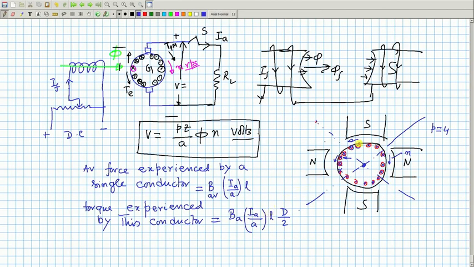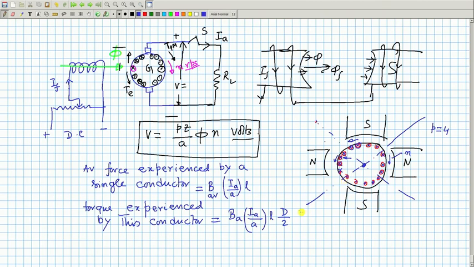This into d by 2. What about this one? Same B average, same I_a by A, L, d by 2. Every one contributes. No conductor experiences a force whose direction will change. Therefore, all the torques will add up, is it not?